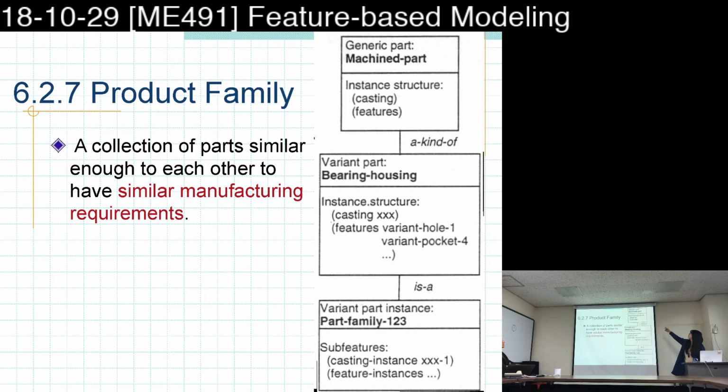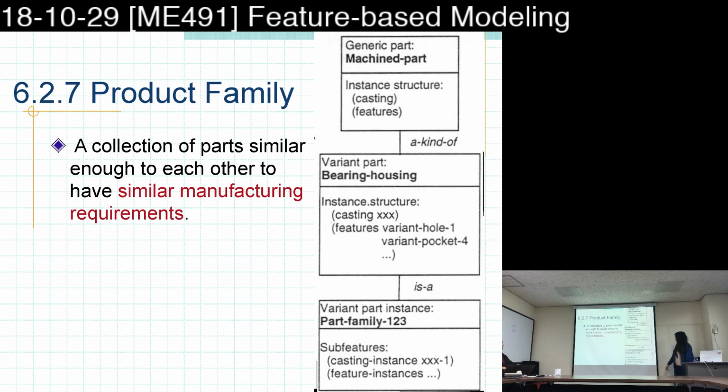So we can know that the part needs testing and features to machine. And the second level is about variant part. So you can know the specification of part. Actually, this shows the specification of product family. So in this product family, there are casting and features about 4 cap.